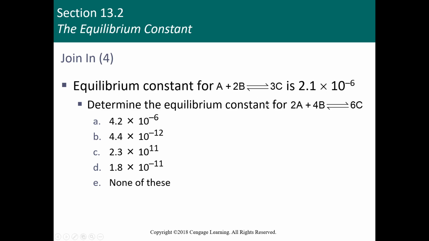And so what does that mean we have to do to the equilibrium constant? Well, we're going to have to take this to the second power, aren't we? So that is 2.1 to the second power times 10 to the negative 6 to the second power.